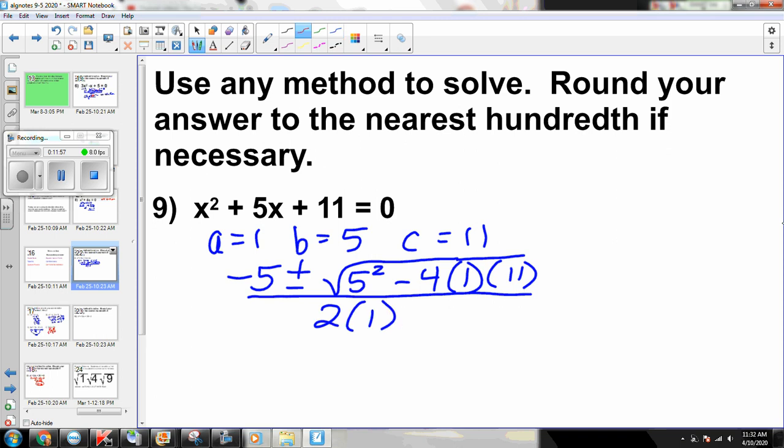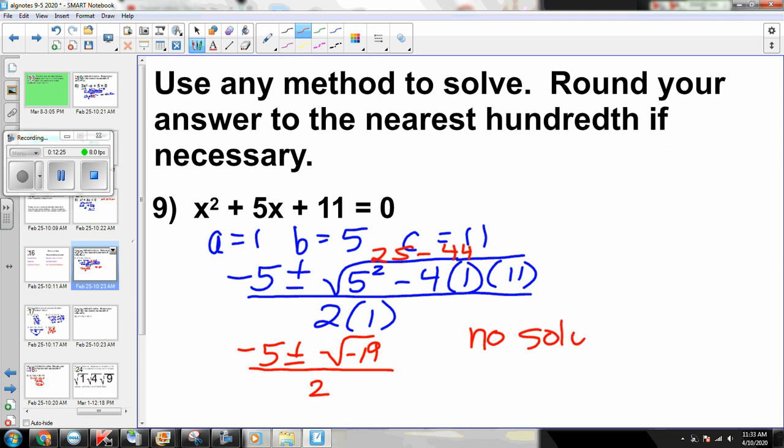All right, so if I simplify what's under the radical here, 5 squared is 25, minus 4 times 1 is 4, 4 times 11 is 44. If I take 25 minus 44, I'm going to get a negative 19. So I'm going to have the square root of negative 19. Can't take the square root of a negative, so this would be no solution. That means the graph would not cross the x-axis if I graphed it.